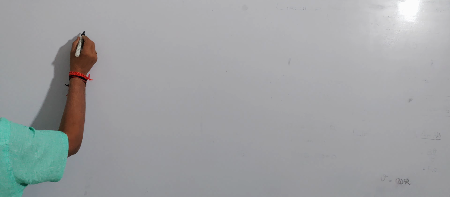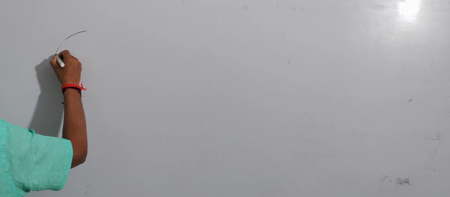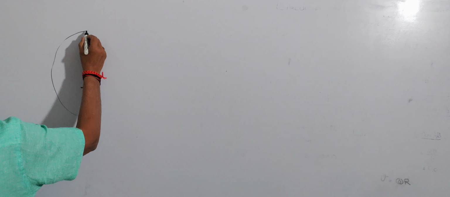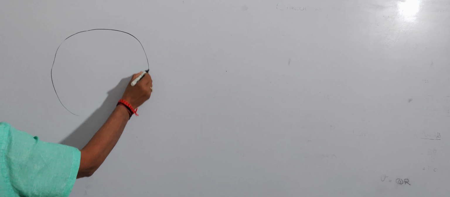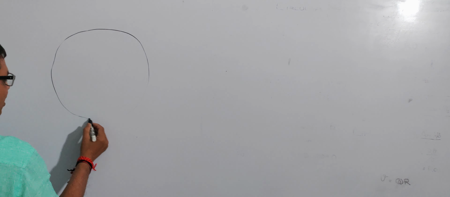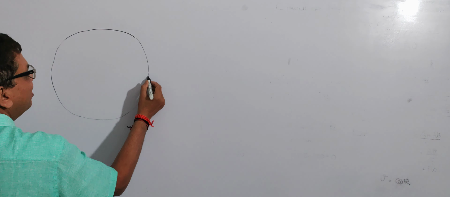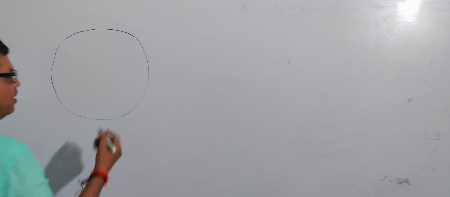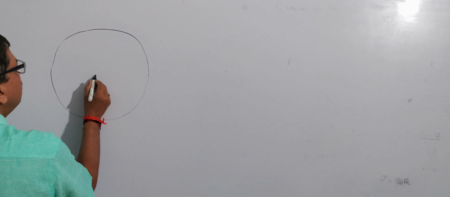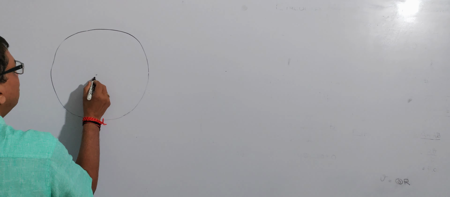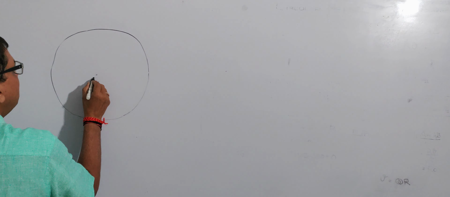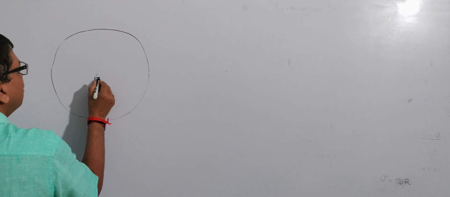Suppose the object at t equals 0, this is the center of the circular path.